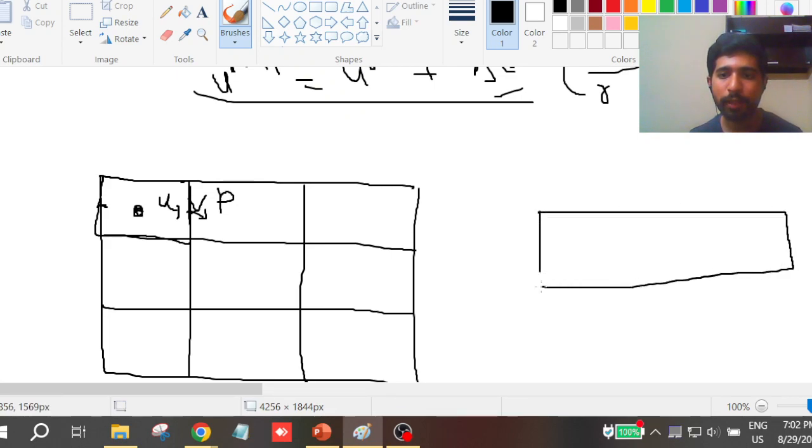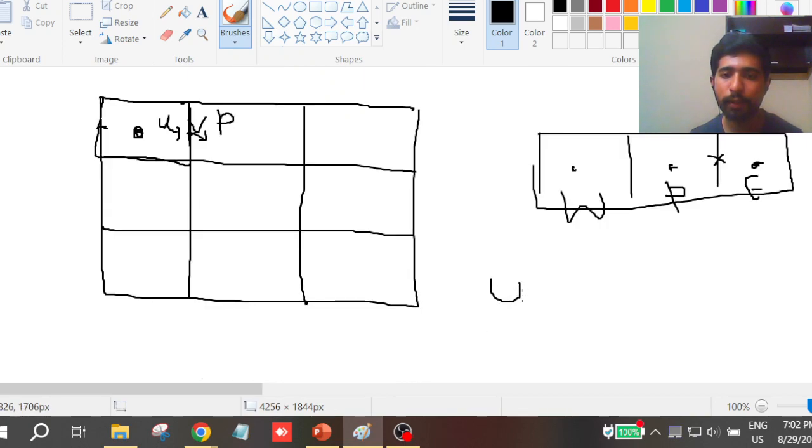Let me consider a single 1D control volume here. This as P, this as E, and this as W. Now in the momentum equation for u_P at n+1, I will be having ∂P/∂x, right? So what I will get is ∂P/∂x at the east face minus ∂P/∂x at the west face.